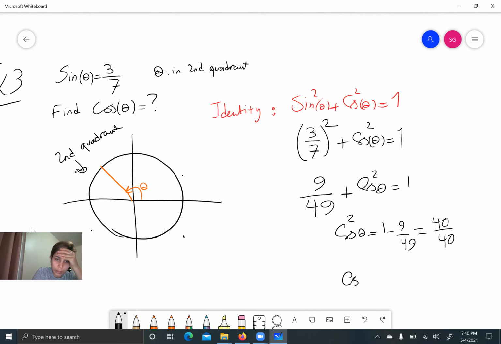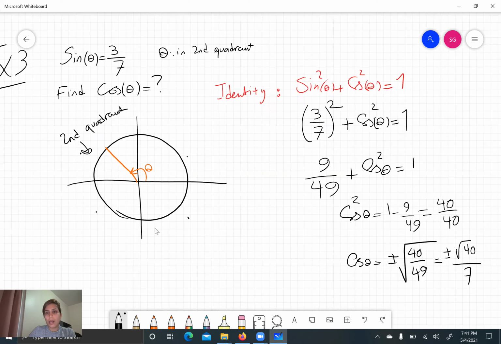So cosine of theta is gonna be positive or negative square root of 40 divided by 49. You can simplify it. Okay, let me simplify it. You can say square root of 40 divided by 7. You can even simplify it further, but that's okay if you leave it like that.